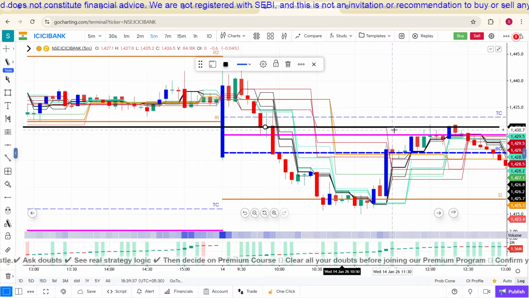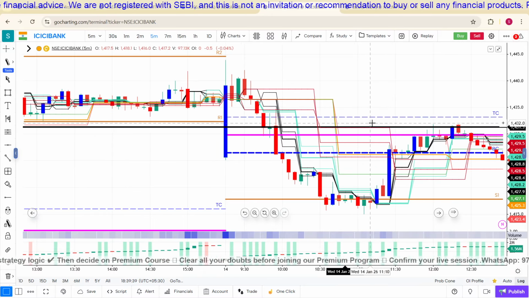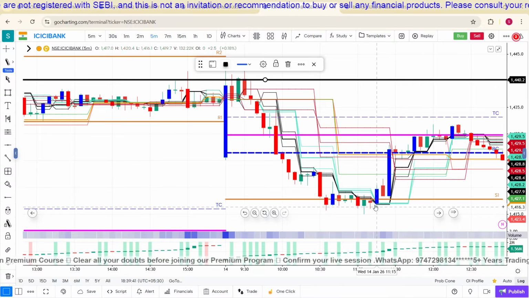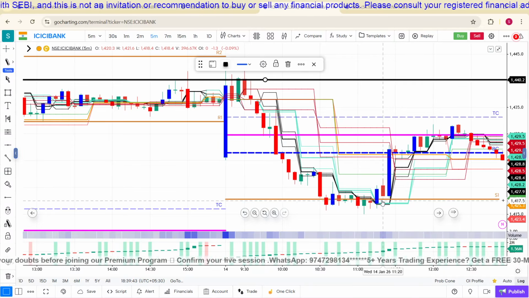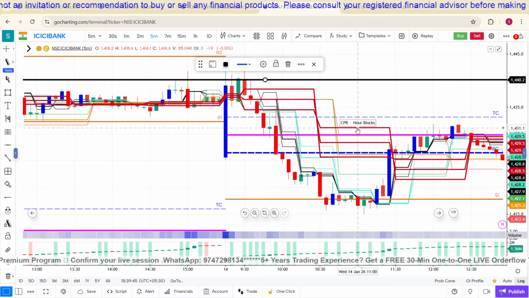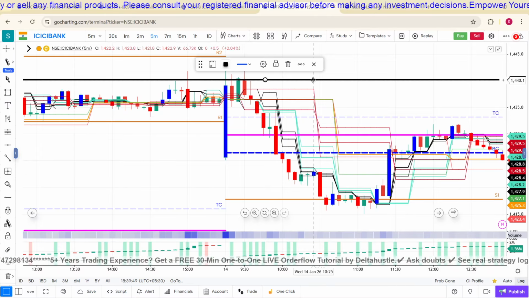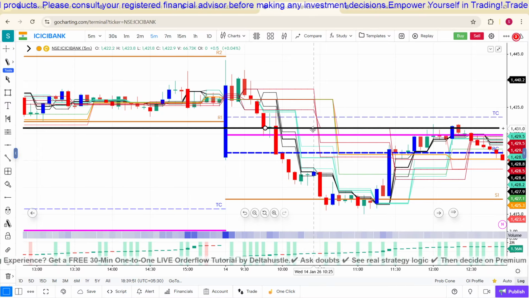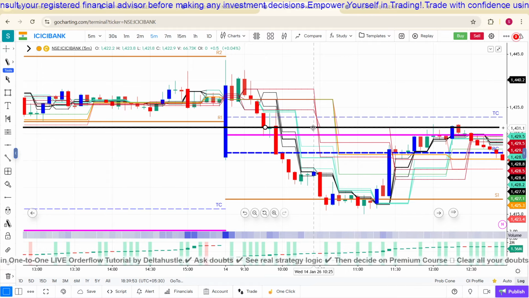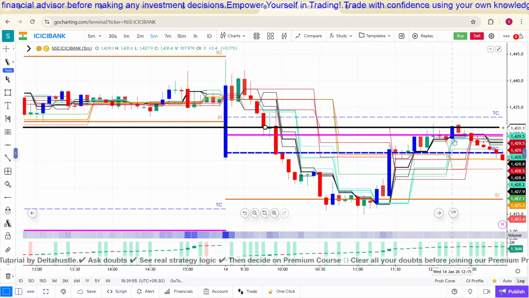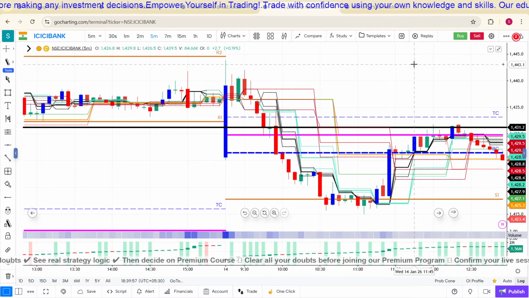And this is the target. Correct? When we are taking this entry, the 90 minutes CPR level is here. It exactly touched that level and sharply came down. See? No candle closed above.